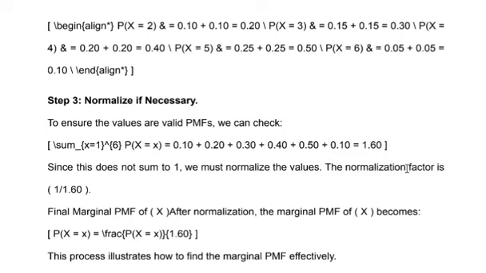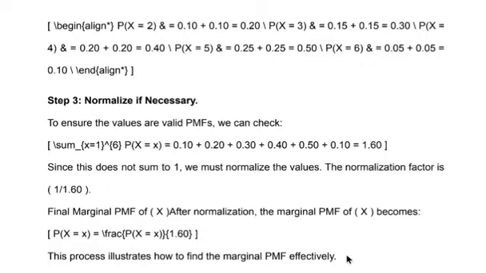Since this does not sum to 1, we must normalize the values. The normalization factor is 1.60. Final marginal PMF of X: after normalization, the marginal PMF of X becomes p_X(x) = p(X = x) / 1.60. This process illustrates how to find the marginal PMF effectively.